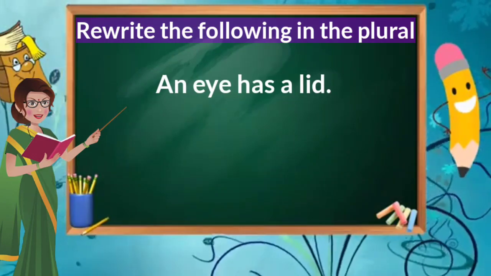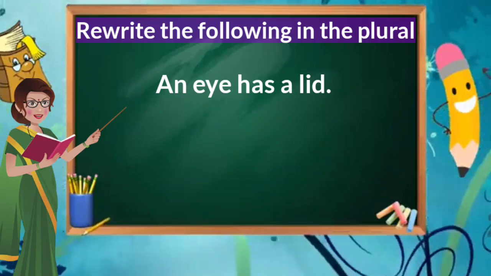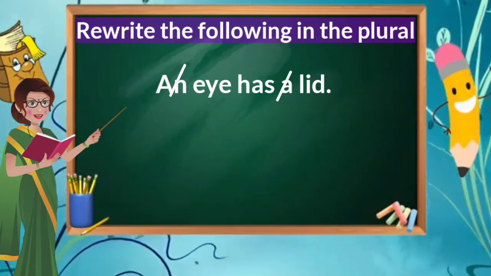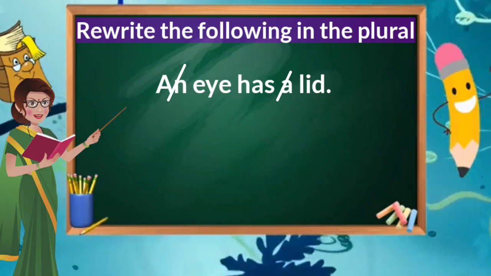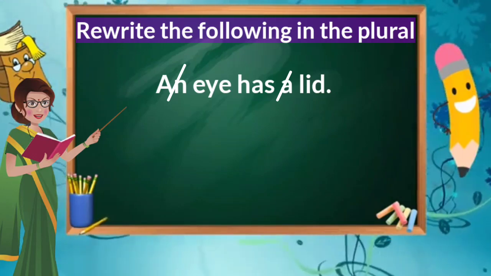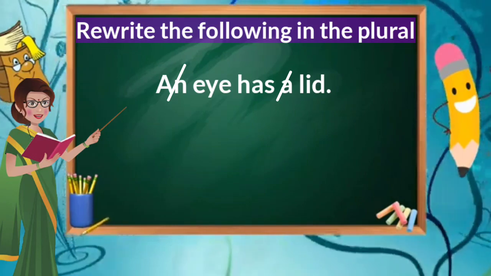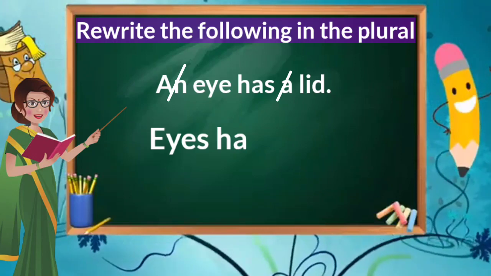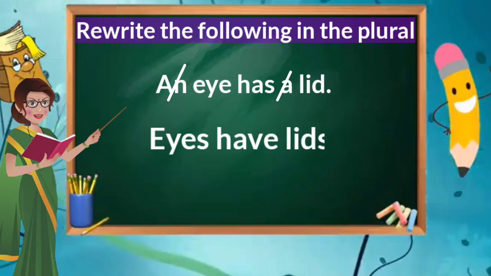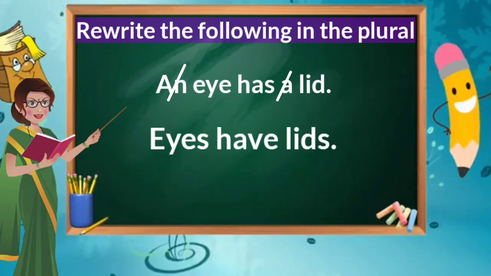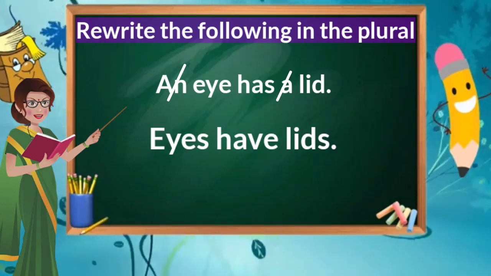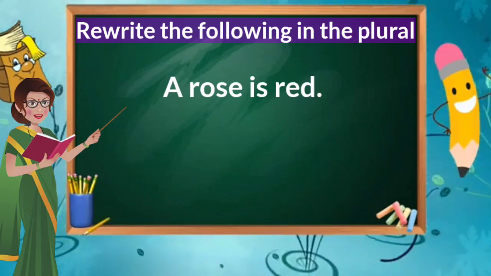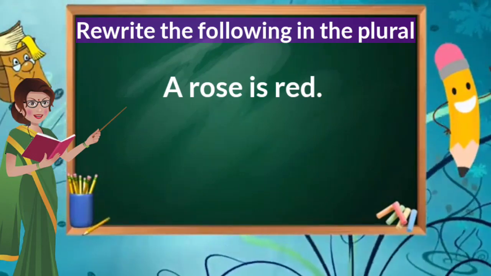The next. An eye has a lead. Now make it plural. At first take out a or an from the sentence. So here we have only three words: eye, has and lead. Eye becomes eyes, has becomes have, and lead becomes leads. Eyes have leads. Then the next one. A rose is red.